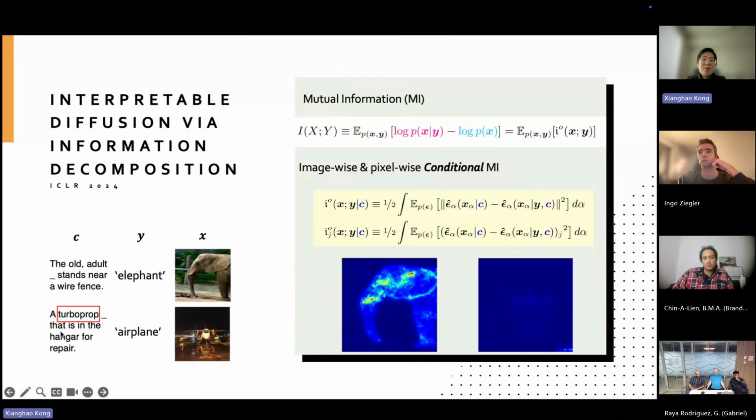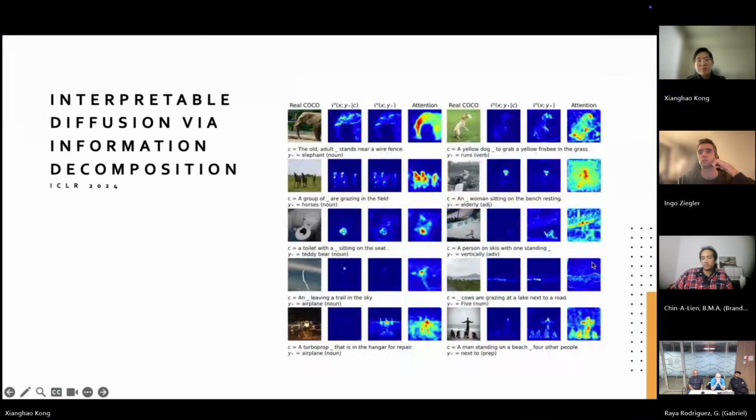Turboprop already carries the information of airplane. So when we remove the information in C, we also remove this airplane information. That's the reason why, when we highlight this mutual information heat map, we cannot find the airplane anymore. So similarly, we do more experiments on that.